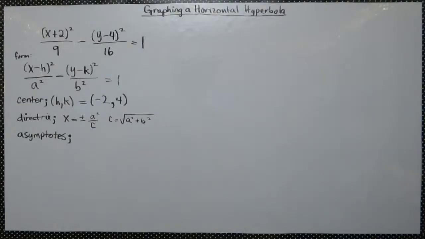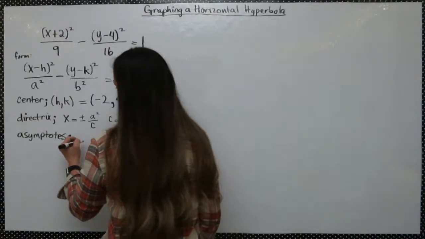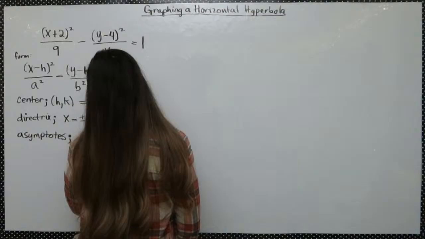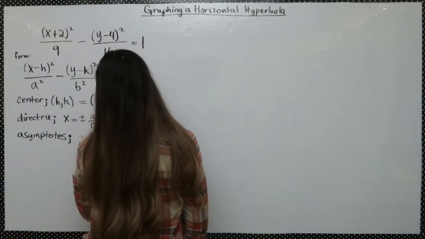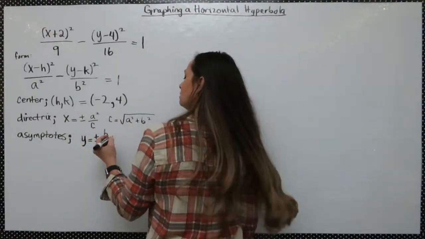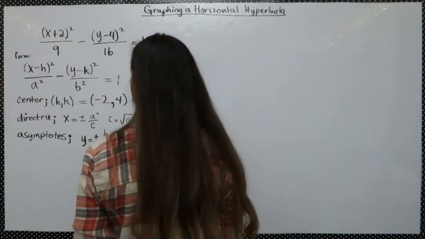We have a perfect diagonal through the center of the hyperbola, and it has a slope. For horizontal hyperbolas, it's y equals plus or minus b over a times x. Okay, so there's your asymptotes.